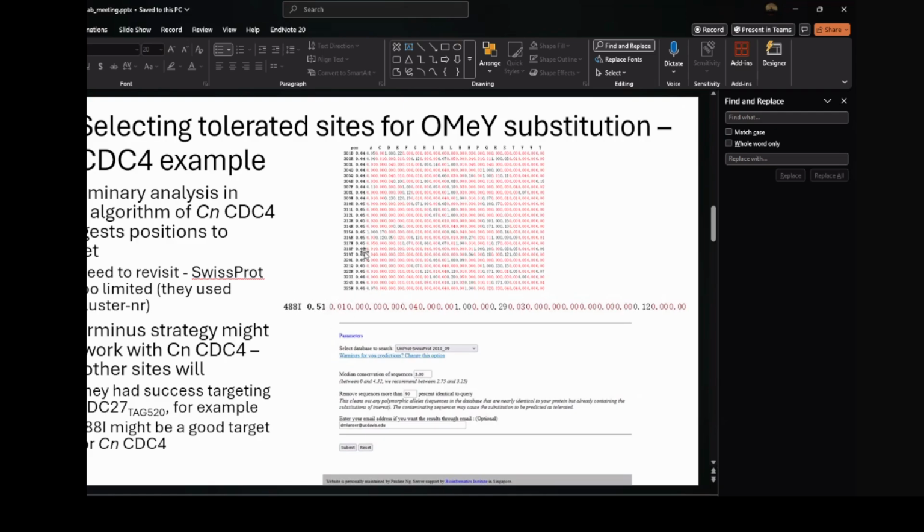I guess anything above 0.05, like this position at 0.51, would be a candidate. This was preliminary, and I don't think I did it quite right, but I used Swiss-Prot rather than what they used, the clustered NR database. I think using clustered NR would give more hits. But the point is, I could do this really quickly and identify some sites, and not just with this gene, but with any essential gene, I think.